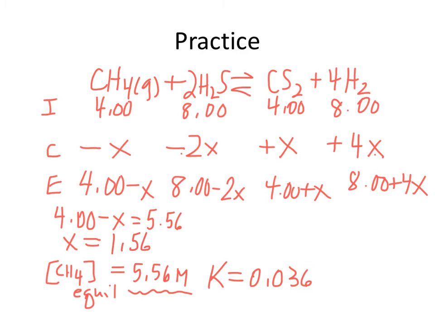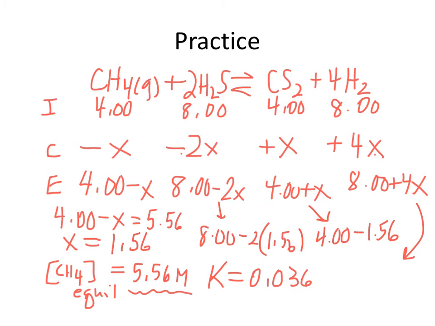And now we can go ahead and figure out all of these values for the rest of them. So for H2S, this is going to be 8.00 minus 2 times 1.56. This will be 4. For CS2, 4.00 minus 1.56.